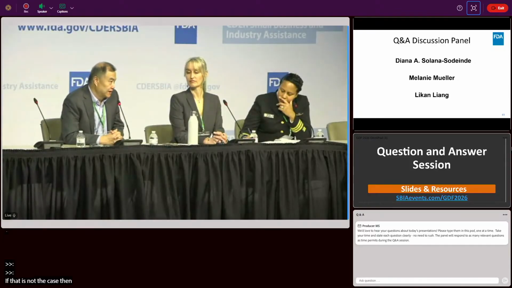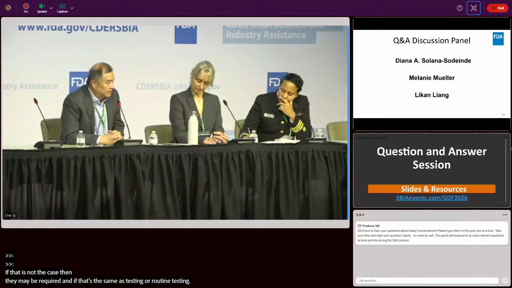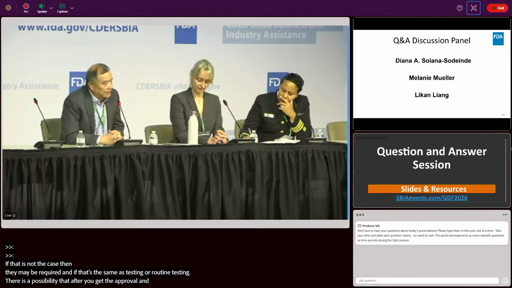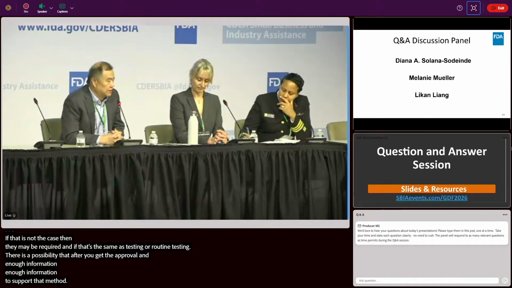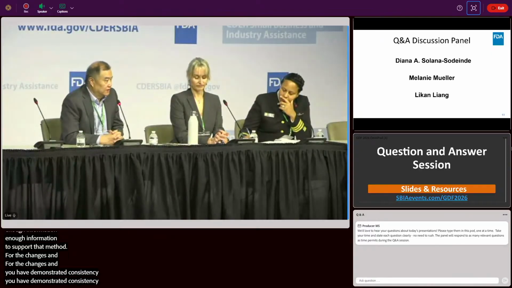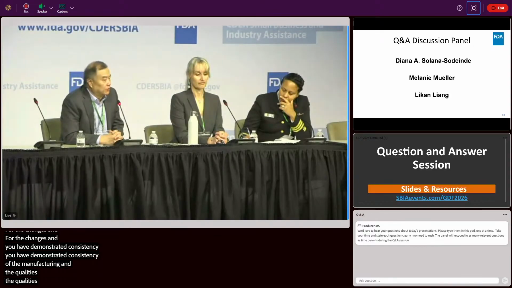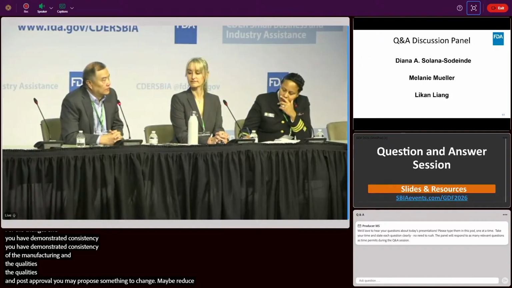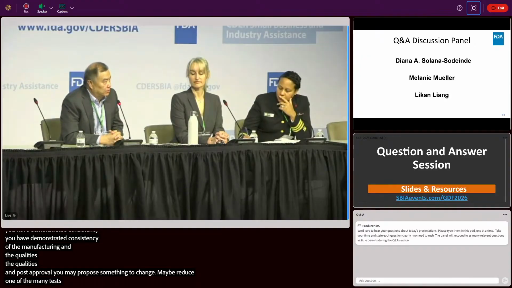Now, there's a possibility that after you get the approval and after you get enough data to support that the method is sensitive to these changes, and you have demonstrated consistency of your manufacturing, and your quality is stable, then post-approval, you may propose something to change. Maybe reduce or eliminate one of the many tests. So it is possible, but that should happen post-approval.